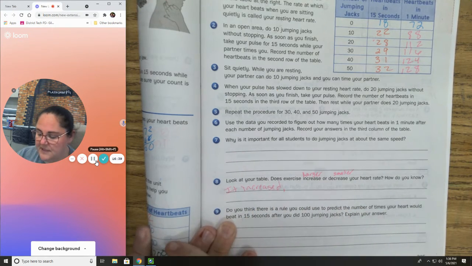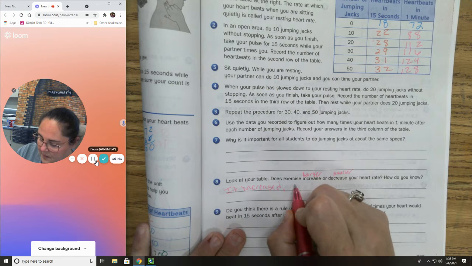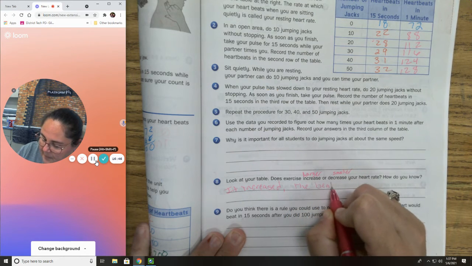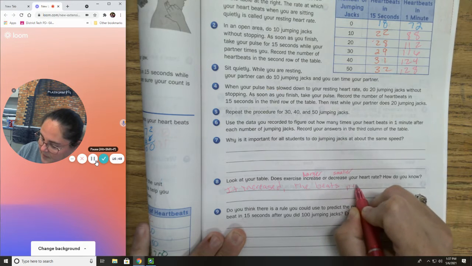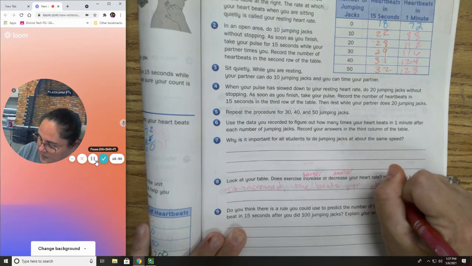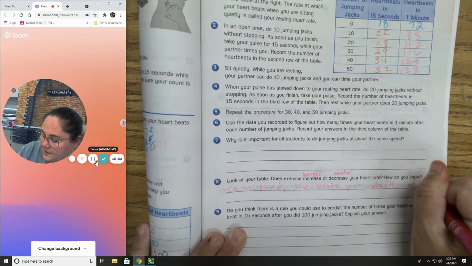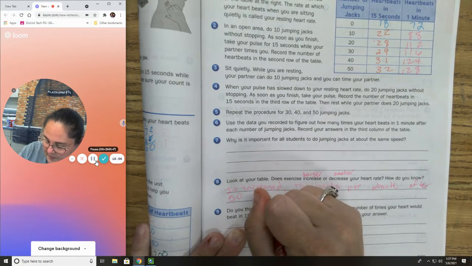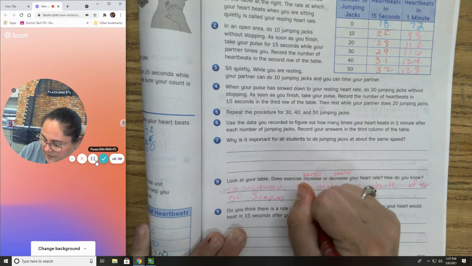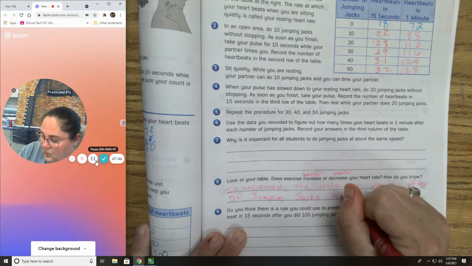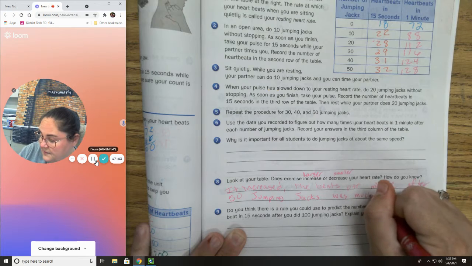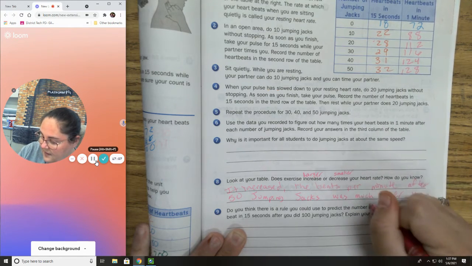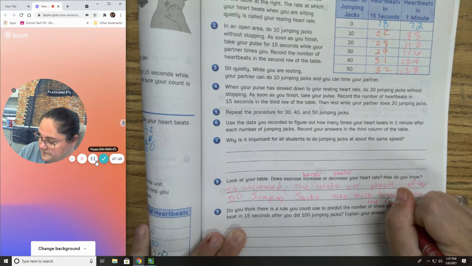The reason I know that it's increasing is because the beats per minute after 50 jumping jacks was much higher than the resting rate.